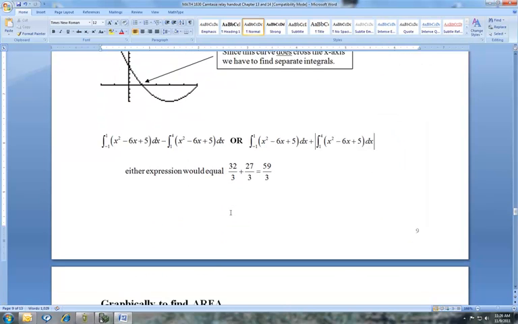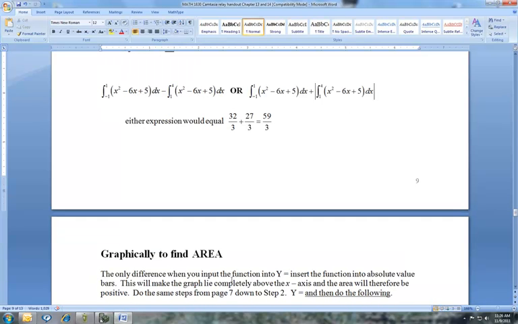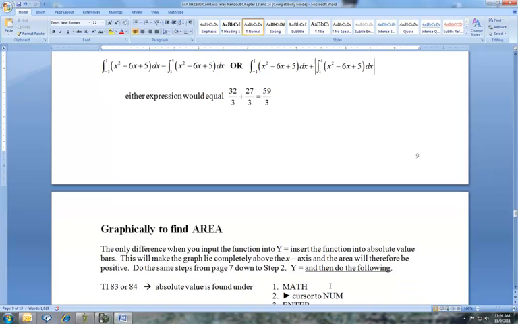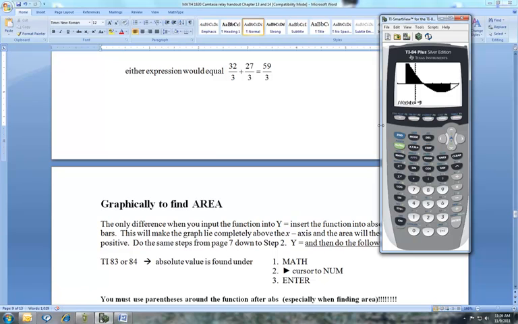Let me go to the next page, because I do have directions. The only difference is that when you input the function y, insert the function into absolute value bars. This will make the graph lie completely above the x-axis, and the area will therefore be positive. So I'm going to do the same steps from page 7 down to step 2, and then do the following. Okay, let me get my calculator back up and go back to y equals.